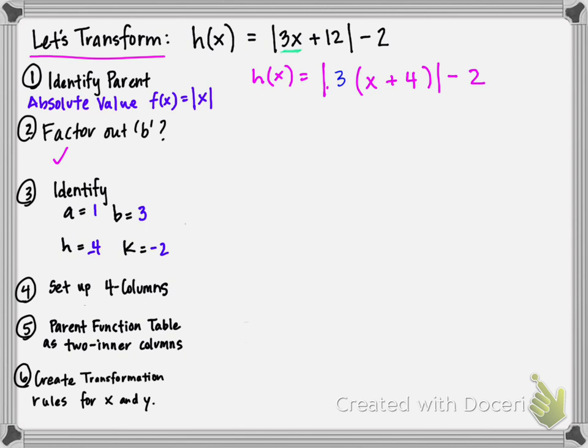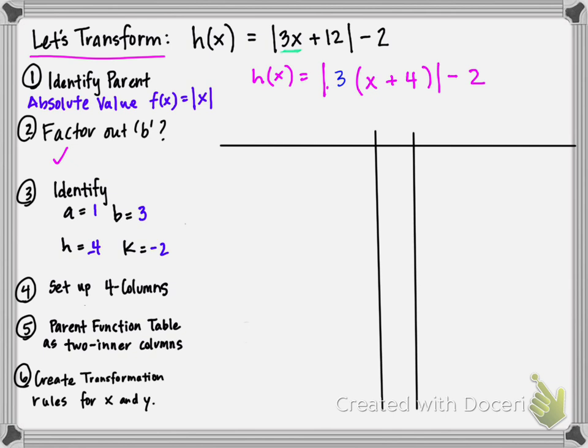Next, we got to set up our 4 columns. Remember what goes in the very inside of these 4 columns? If you don't remember, look back at the previous example. It gives you a hint. If you're thinking parent function, absolutely correct. Parent function is what goes here. So I'm going to write my parent function. It's x and the absolute value of x.